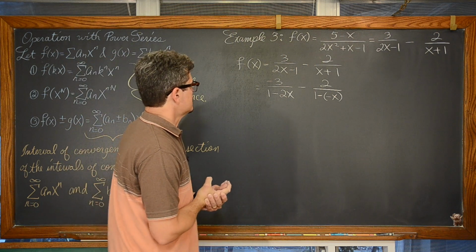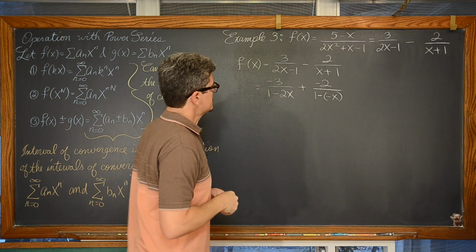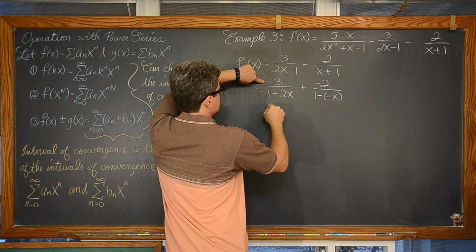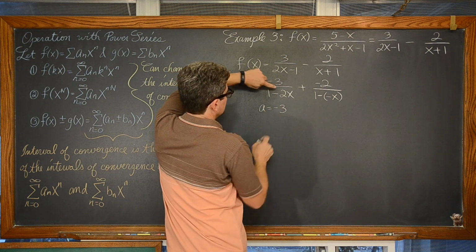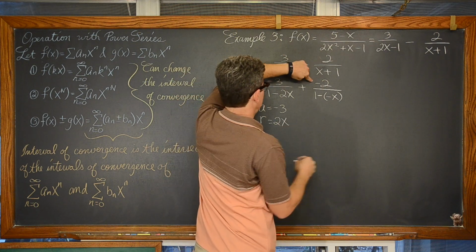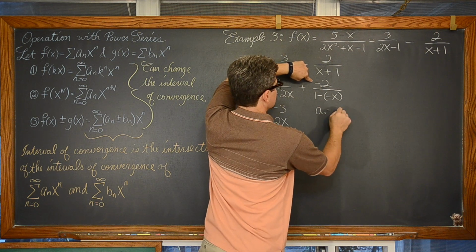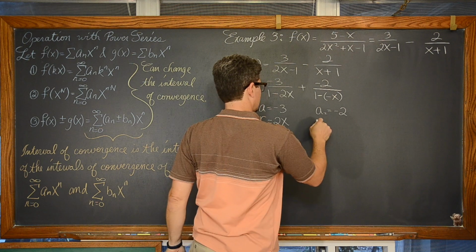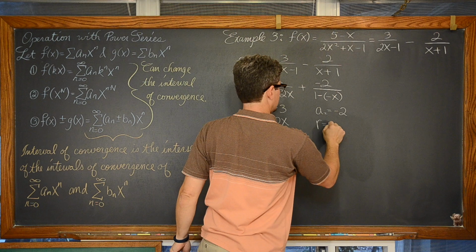So this means that we have an a value, which is equal to negative 3, and an r, which is equal to 2x. Here we have an a sub 2, which is equal to negative 2, and an r, which is equal to negative x.